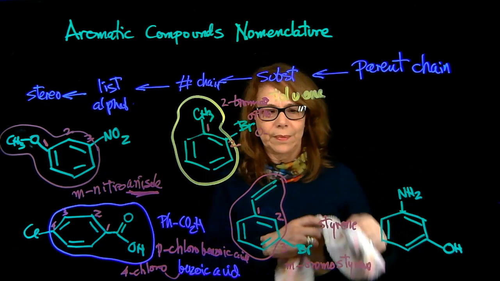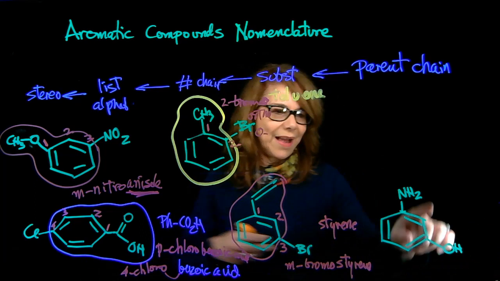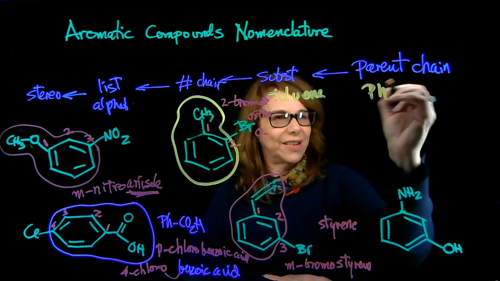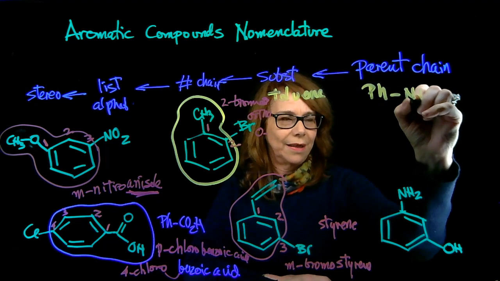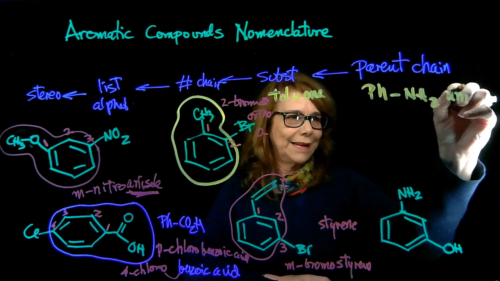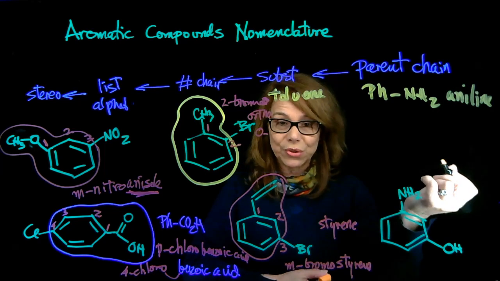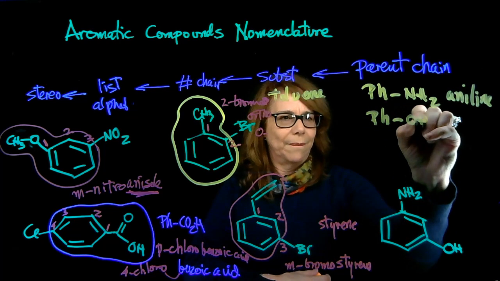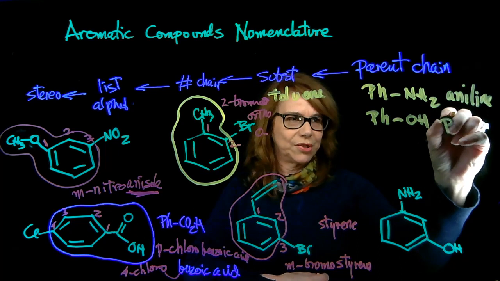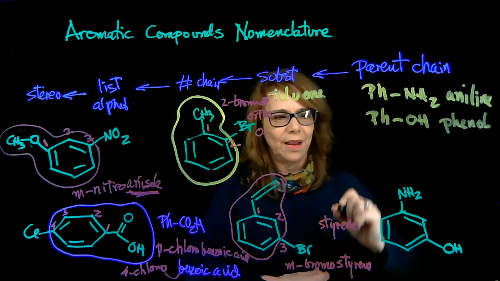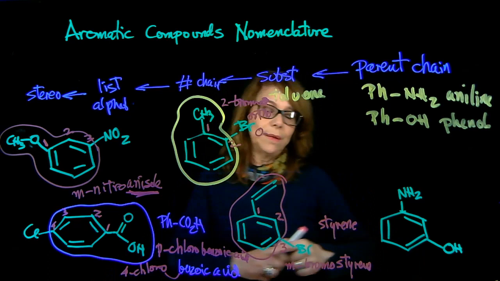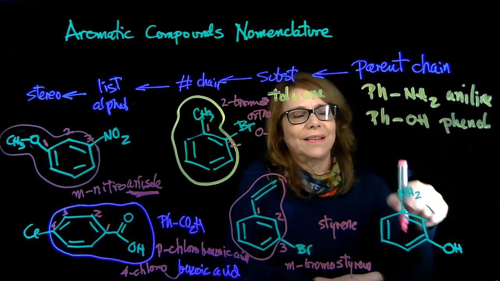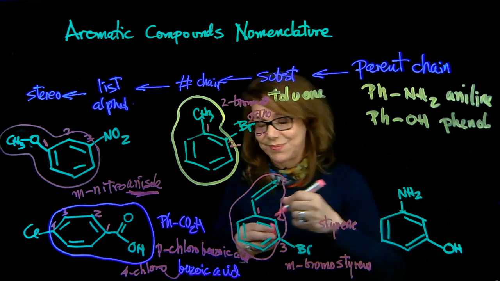Okay, so if I say that my parent chain is aniline, and remember, here's my benzene ring, and I have that. This is aniline. That's one of my choices. The other possible way that I can name it is with phenol as my parent chain. And I have another way: I can simply choose benzene.